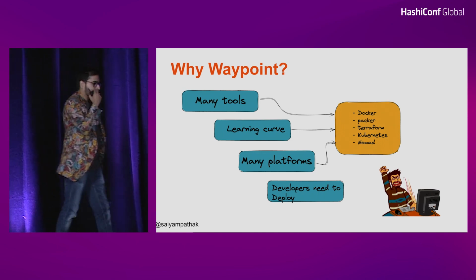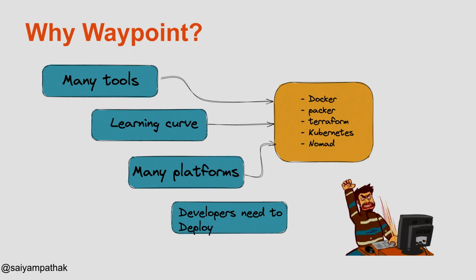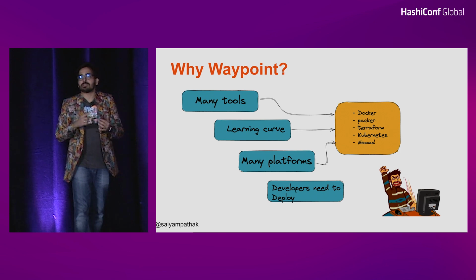So why Waypoint? Now consider a scenario that as a developer, you want to deploy your application to a Kubernetes cluster. So obviously, you need a Kubernetes cluster. So let's say you got a Civo Kubernetes cluster or any Kubernetes cluster. After that, you need to understand first about all the Kubernetes objects.